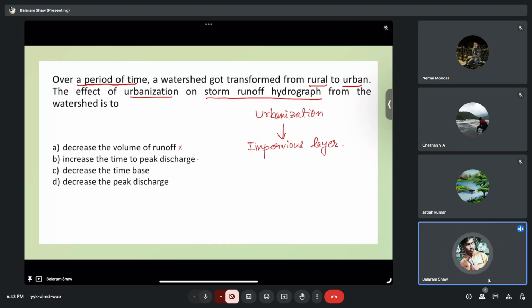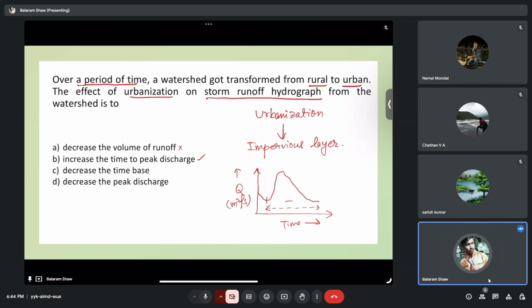Decrease the time base. We know what time base is, we have just seen. Let's say this discharge I'll write as Q, and this is time. Then we have seen it will be something like this, okay? And the time base is from the start of the event to the end of the event.